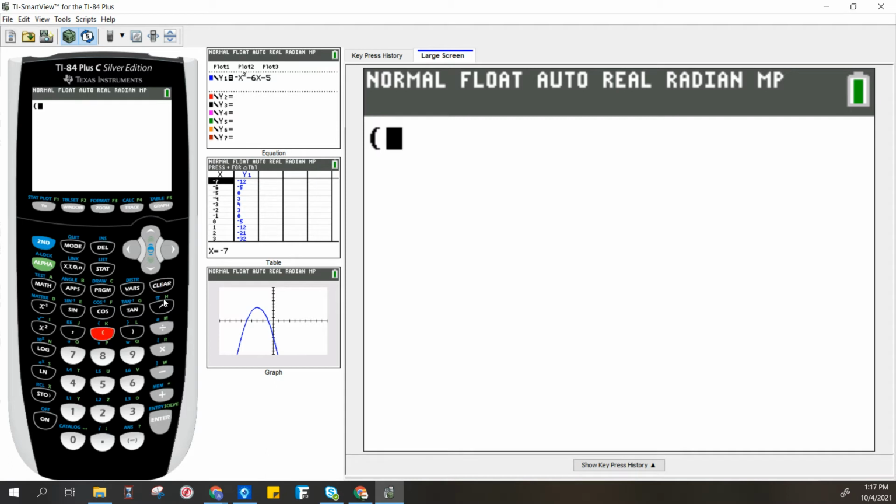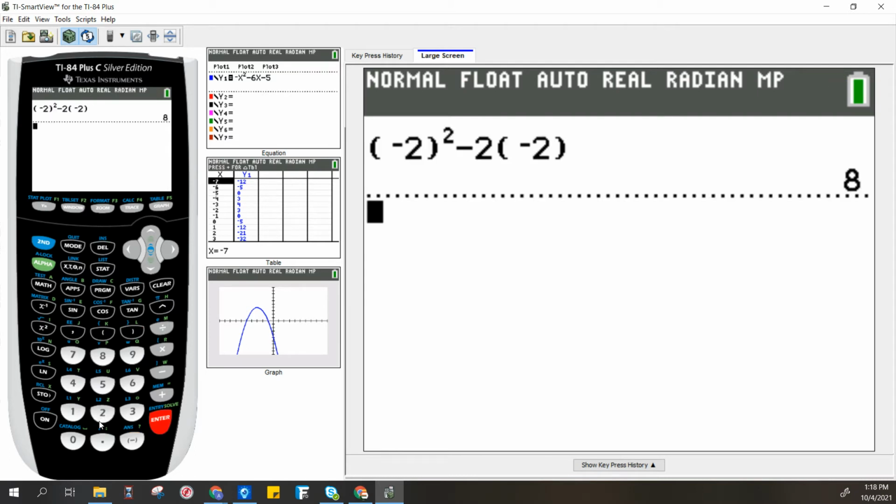I would do the same thing calculator-wise, though, to plug into this first. Okay, so I'm going to do parentheses, -2, close parentheses, squared. That was -2 times x. In this case is, whoops, not -2, -2. So I get 8. And I do it again, parentheses, -1.